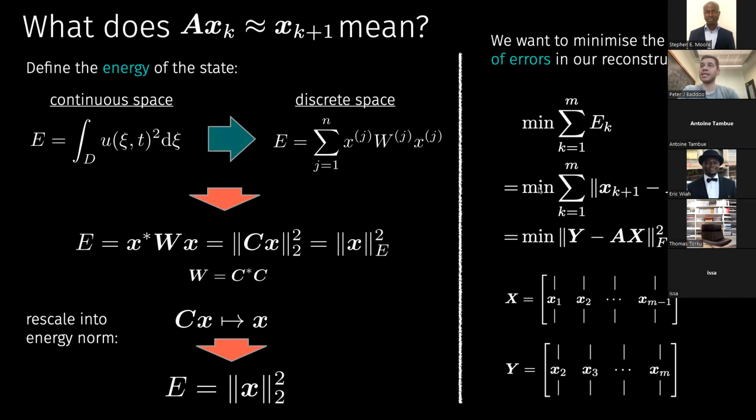Another way of phrasing this minimization over this sum is to phrase it as a single minimization over a single norm, and this subscript F is the Frobenius norm. This just means the sum of the squares of the elements of this matrix, and these are two data matrices. The X matrix has columns x1, x2, up to x m minus 1.